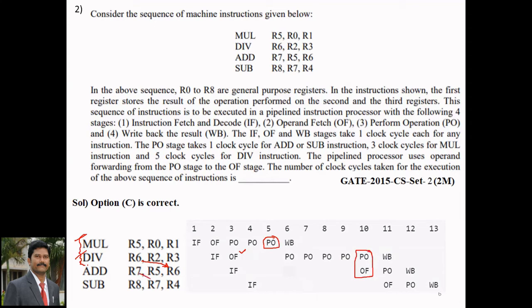See here there is a data dependency between add and subtract, that's why it has to wait for the last PO, then take the operand forwarding. But here this OF, no need to wait because these two are not dependent. Okay, that is the operand forwarding technique.